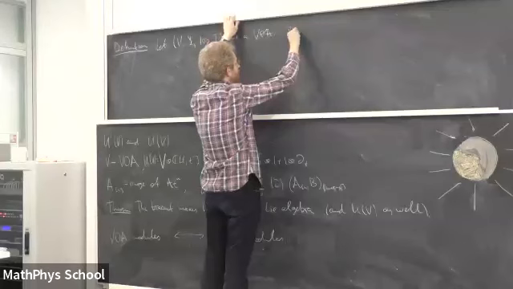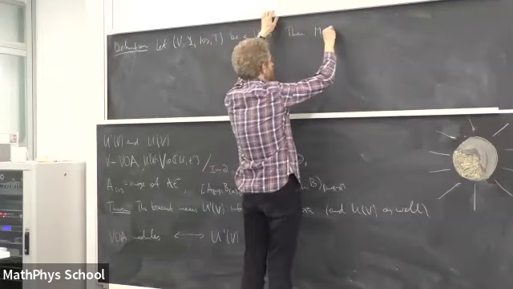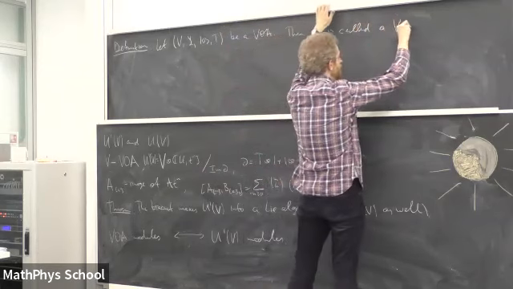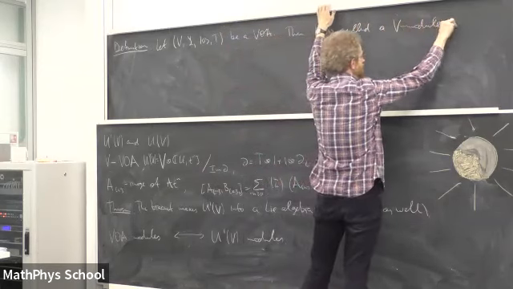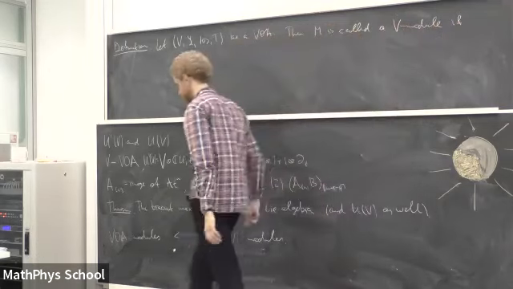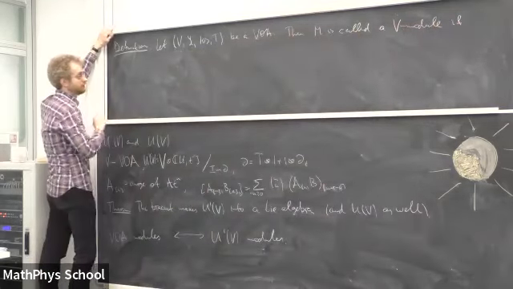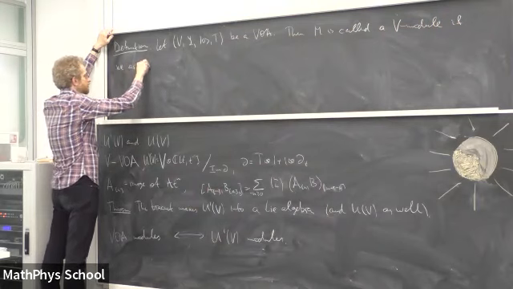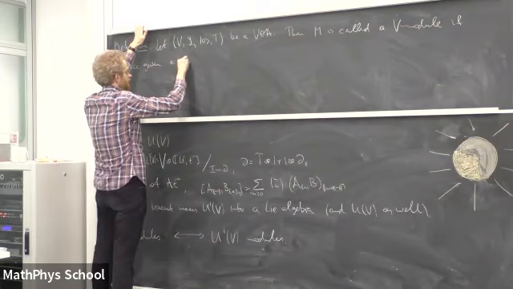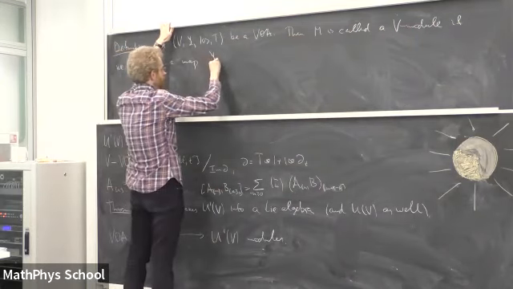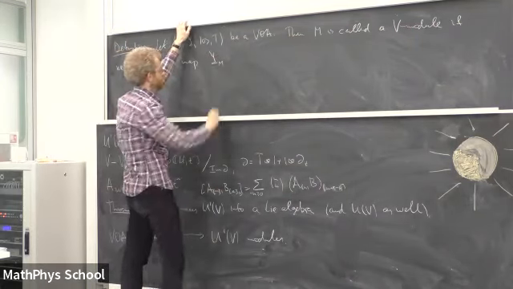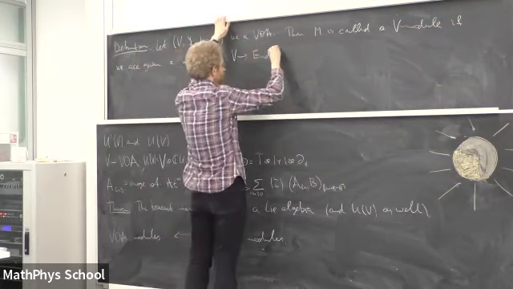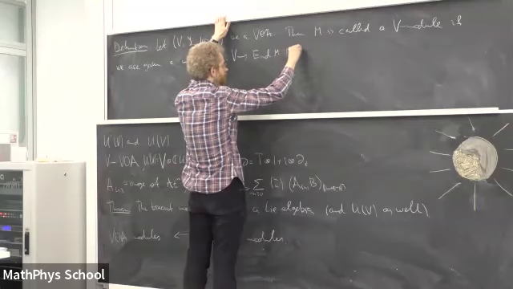So then M is called a V module if we are given a map Y_M from V to endomorphisms of M[[z^±1]].